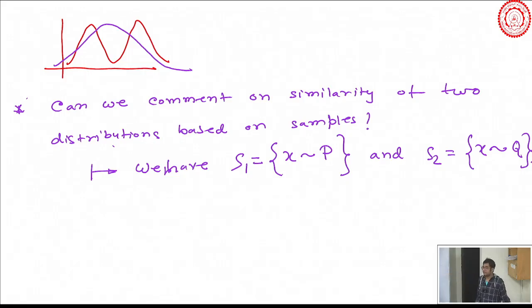Can we comment on similarity of P and Q based on these sets S1 and S2?